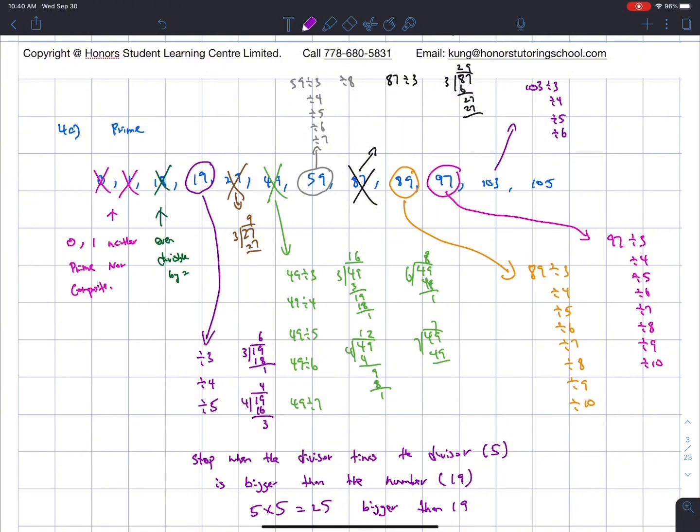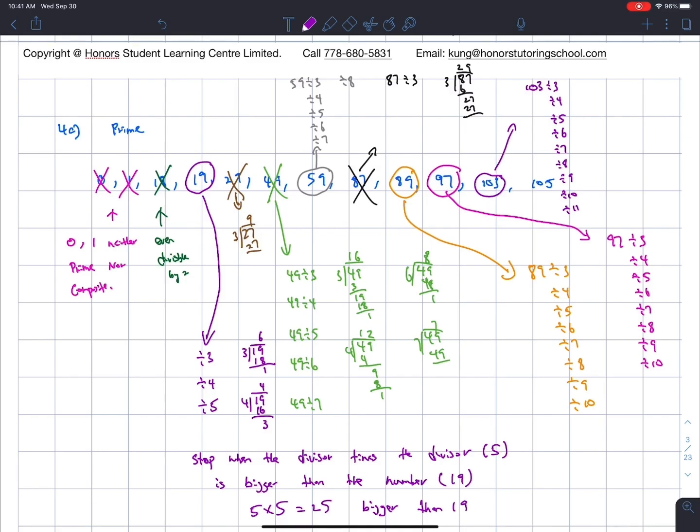Try 7. It's not divisible. And then I'll try 8. Not divisible. Try 9. It's also not divisible. And then 10 is not divisible. And 11 is also not divisible. So 103 is going to be prime. And I stop at 103 because 11 times 11 is 121 already, which is bigger than 103.